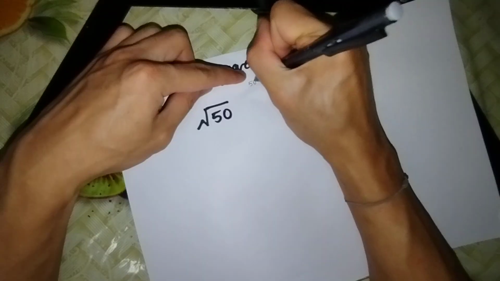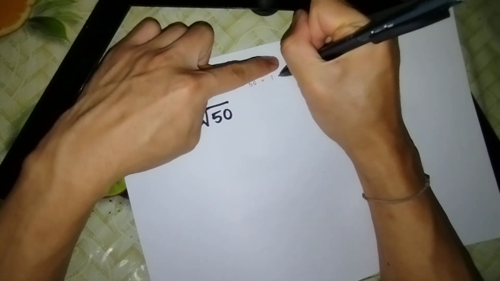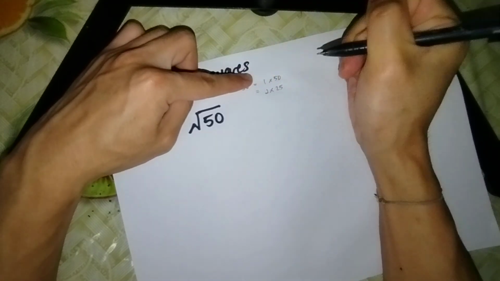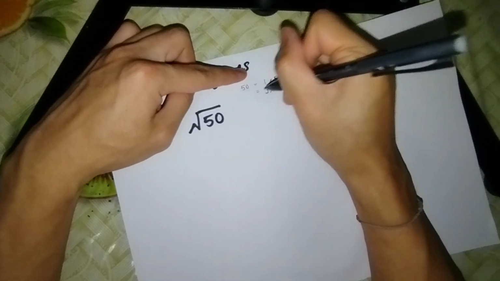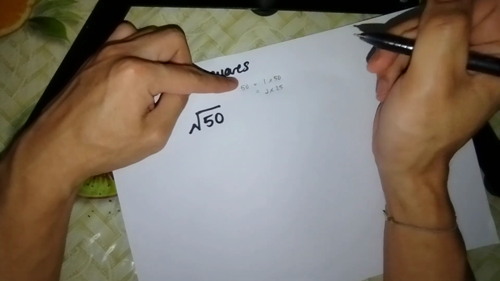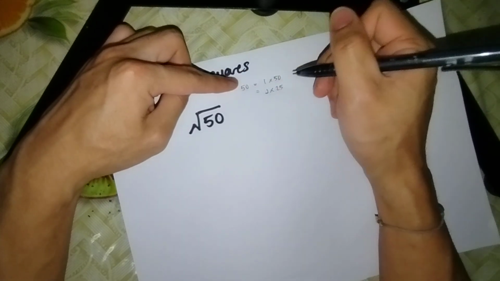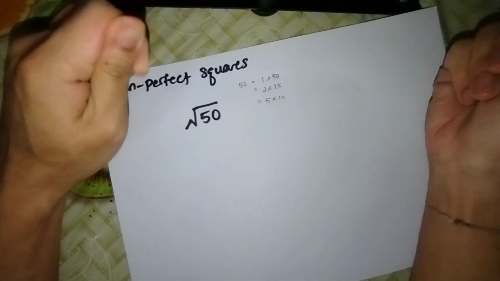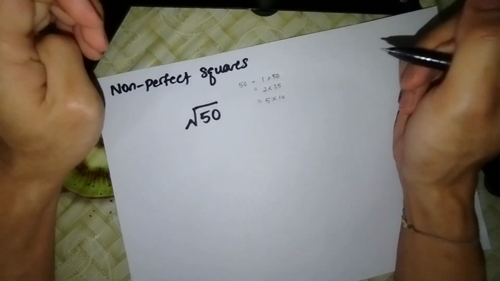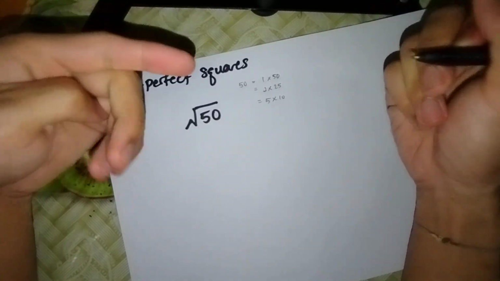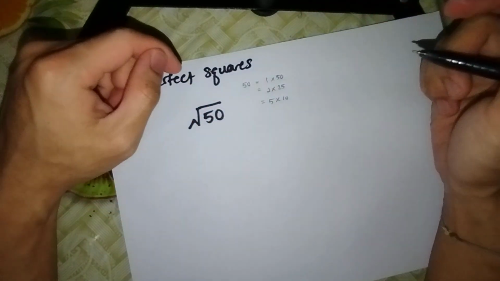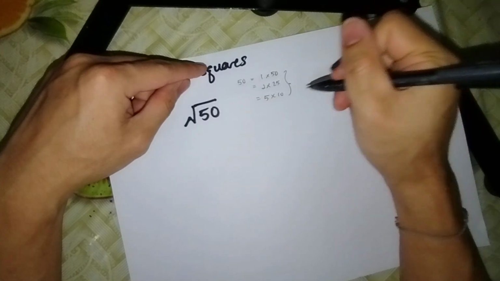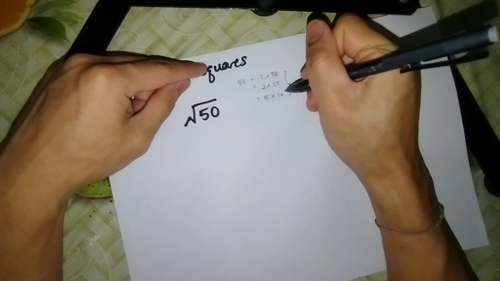So for 50, we can say 1 times 50, 2 times 25, and 3, you can't multiply by anything else to give you 50 exactly. 4 as well, 5 and 10, 6 none, 7 none, 8 none, 9 none, and 10 and 5. So it kind of goes back to the original. Okay, so these are the numbers we can multiply to give us 50.